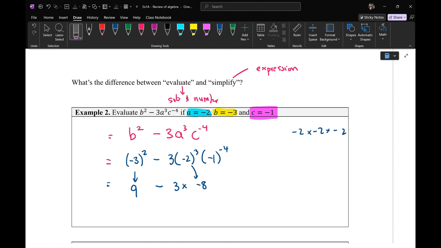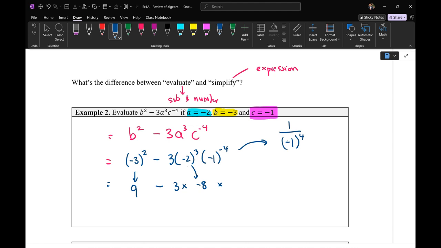And then what is negative 1 to the power of negative 4 equal to? Can I please have Toby? That's correct. The answer is 1. And for those who don't know, especially with negative powers, you could rewrite negative 1 to the power of negative 4 as 1 over negative 1 to the power of 4.